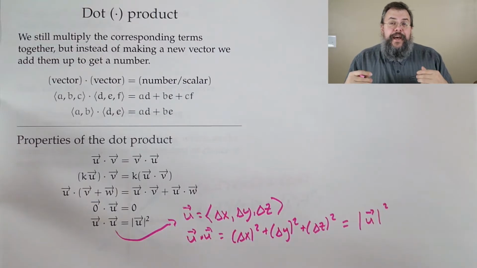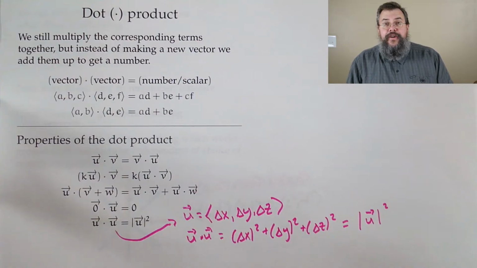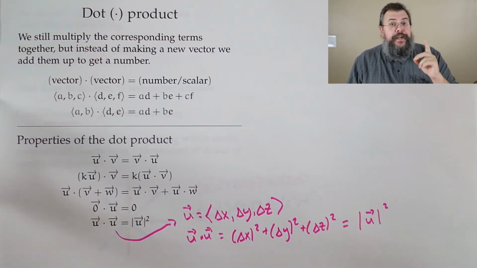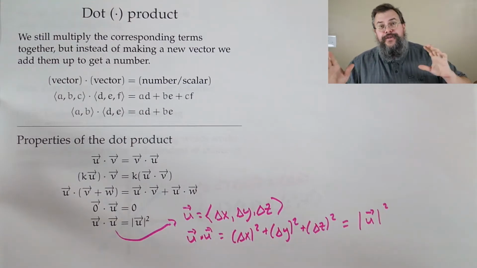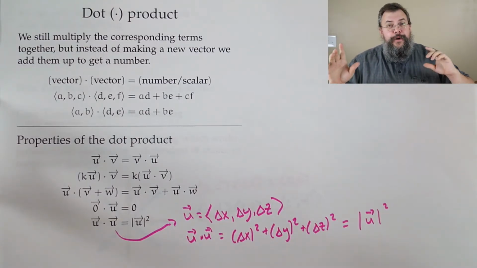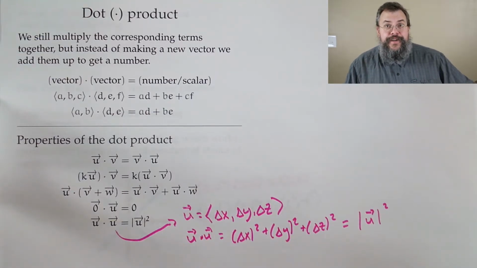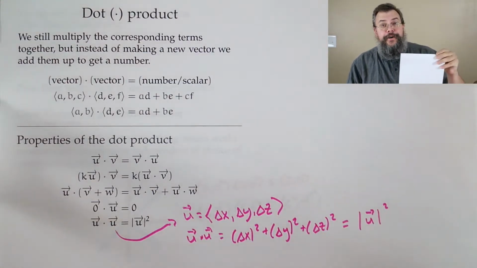So now we have a nice geometrical connection. Now, it's tenuous right now, but we're going to go one step further. Our goal is to say, all right, we can do u dot u. What about u dot v? Great question.